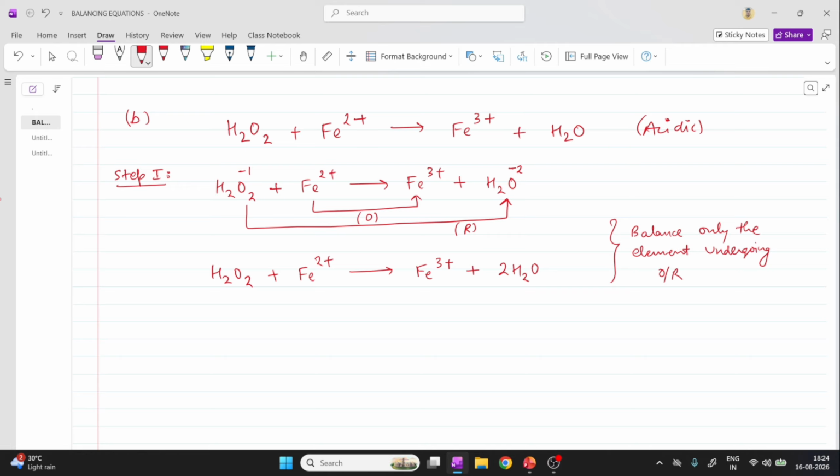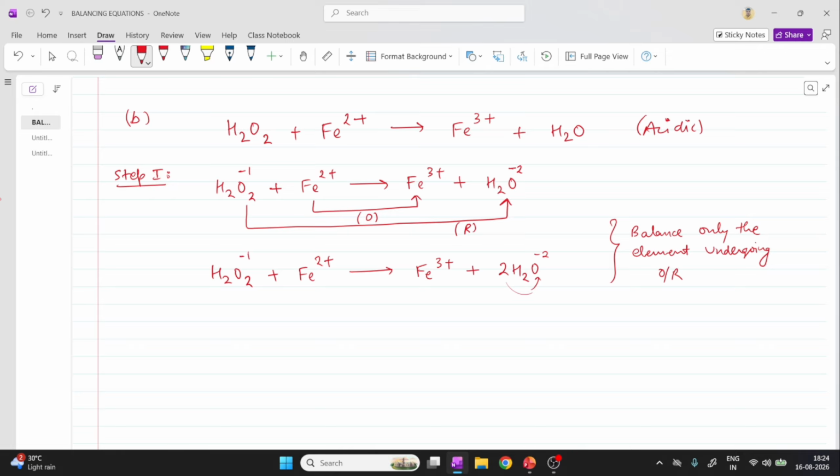So the change in oxidation number from H2O2, hydrogen peroxide, to 2H2O. Now calculate: this oxygen has -2 charge, but now it is multiplied by 2, so the total charge on this oxygen will be -4, whereas in this case it is only -1.